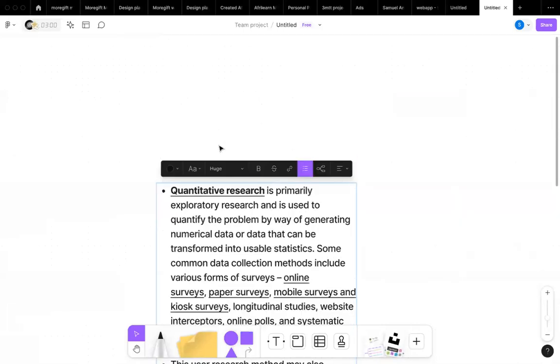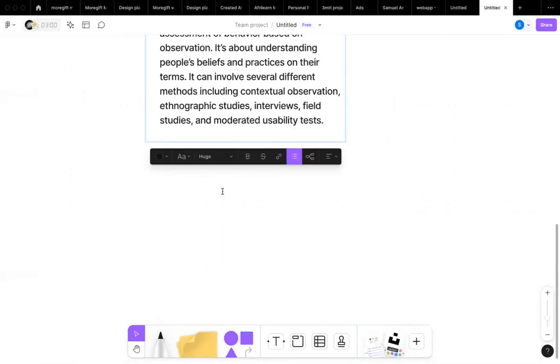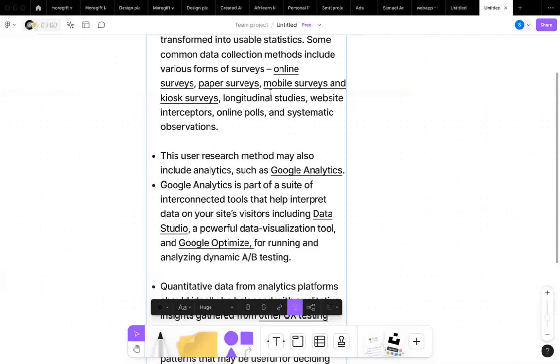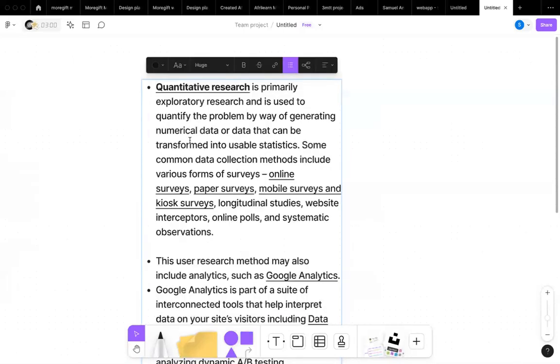Now you have quantitative and qualitative research. Quantitative research is basically exploratory. It is not used to quantify problems. You get to generate numeric data that can be transformed into very useful statistics and numbers you can use to judge, like, okay, how many.